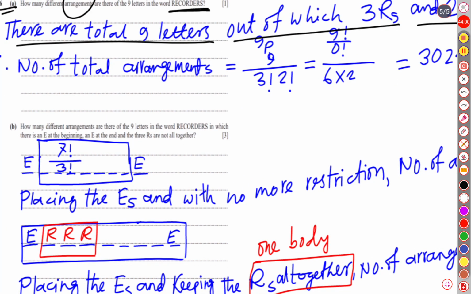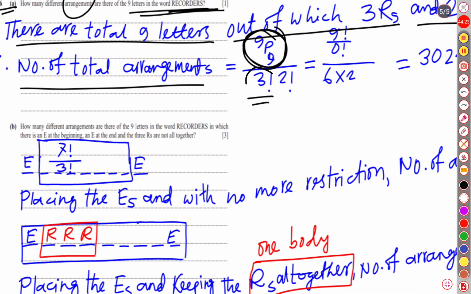The number of arrangements equals 9P9. Okay, total we are choosing 9 letters out of 9. They can be rearranged in 9 factorial ways. So 9P9. Out of that, there are 3 R's. Look, in the word RECORDERS, there are 3 R's.